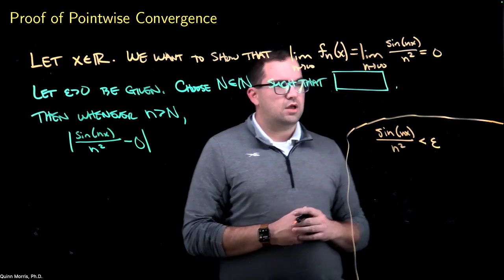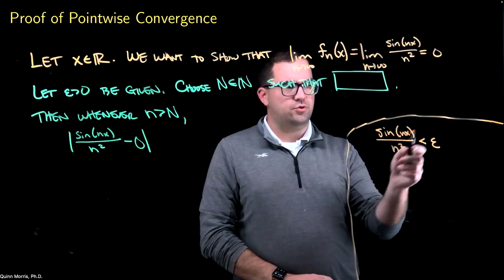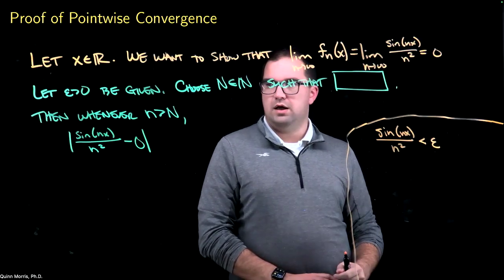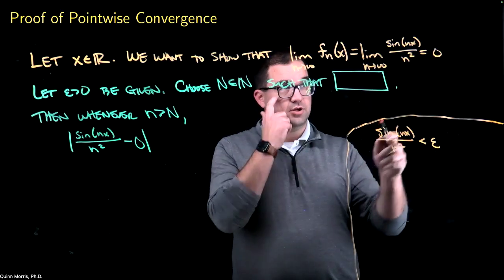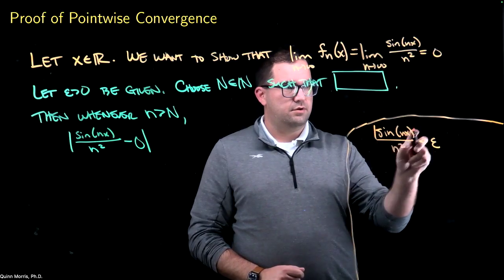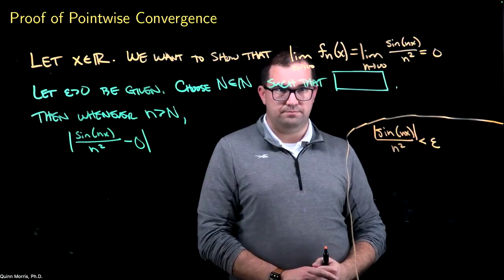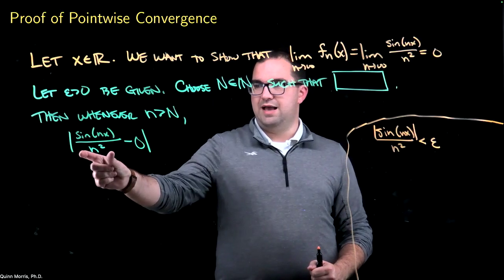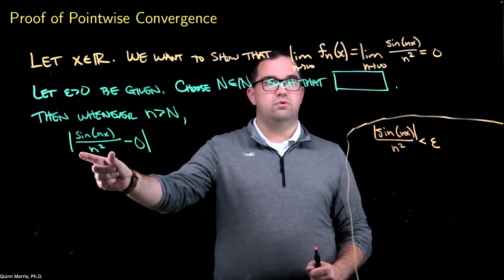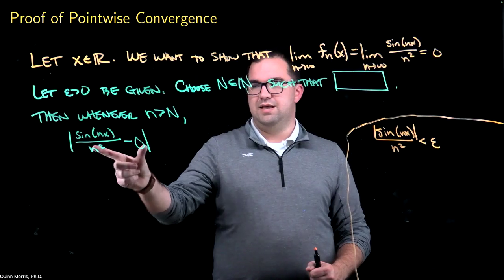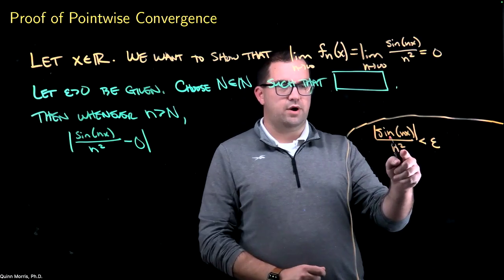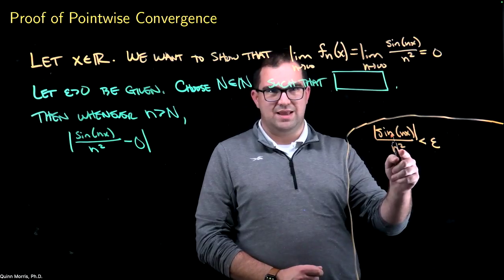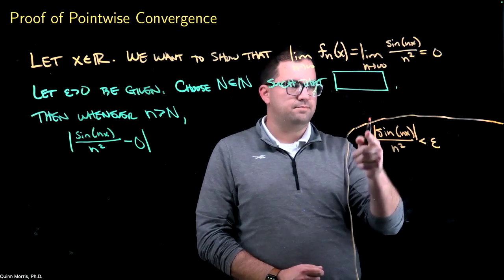Okay. So what else could I do with this? Well, what do I know about sine? And I'm sorry, I should have absolute values here, right? Because eventually I want the absolute value of this to be less than epsilon. So the n squared I can take out of the absolute values because it's a natural number squared, which is always positive.